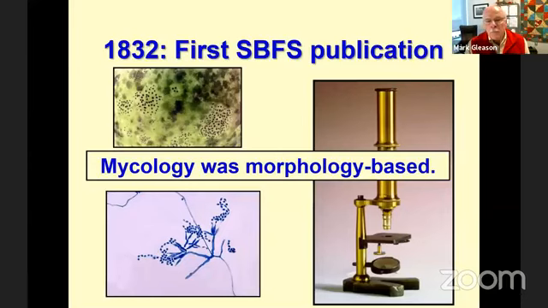At this time, mycology was entirely morphology based. So mycologists, and there were a few of them at the time, relied on characterization of the visual impression of colonies and also the micromorphology based on what they could see through the microscope.